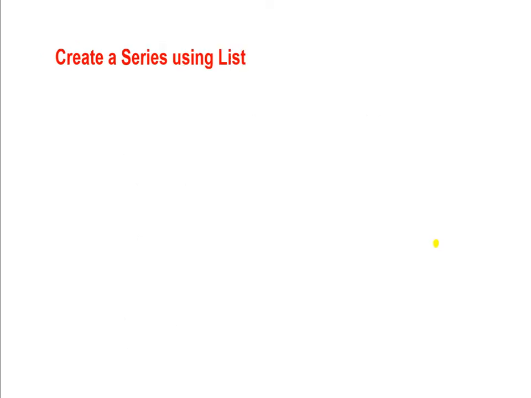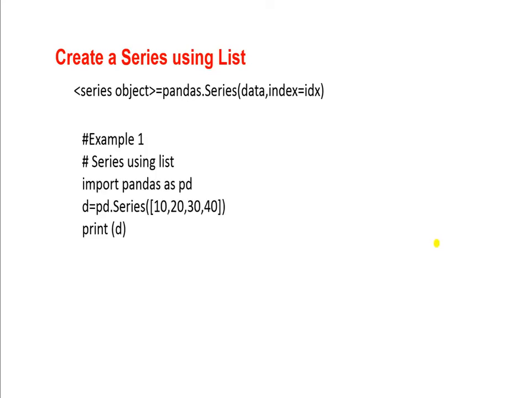Next is creating a series using a list. Now in place of data we have to pass a list. In the data argument we have to pass a list. Series object is equal to pandas dot Series, then data and index value. We create a series in the variable d of pandas type, pd.